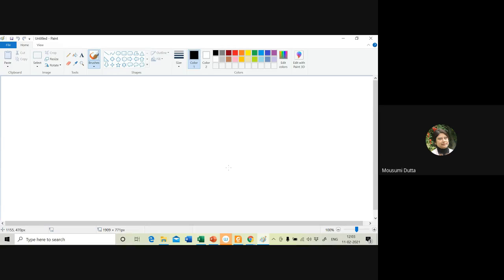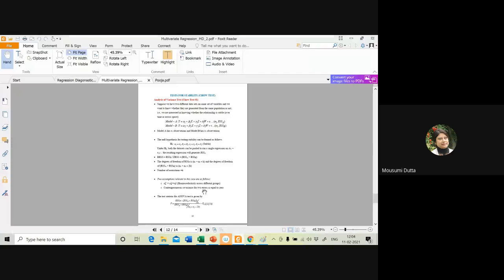We have first period and second period, because we have broken the entire data into two sub-periods. So sigma 1 square is equal to sigma 2 square. This is one of the most important assumptions when we go for pooling and the Chow test.